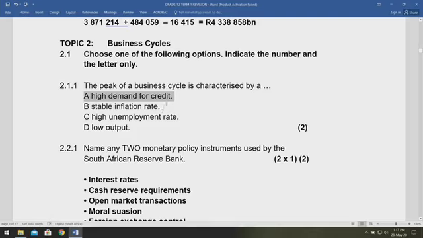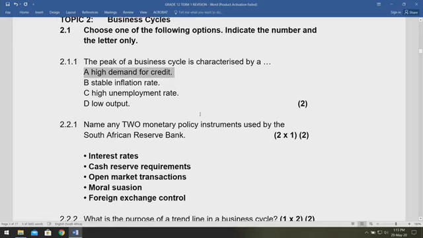It is causing demand pull inflation to set in. The unemployment rate is dropping and the output is at a high. Okay, so all of these other options given do not reflect a prosperity phase at all. So therefore, the best answer here would be a high demand for credit.